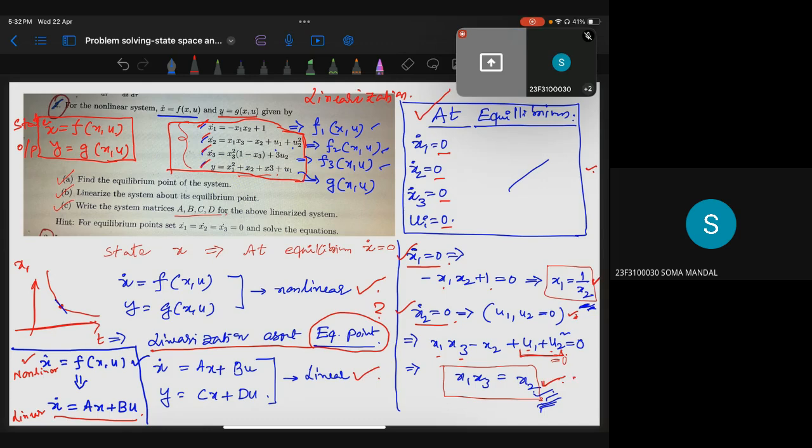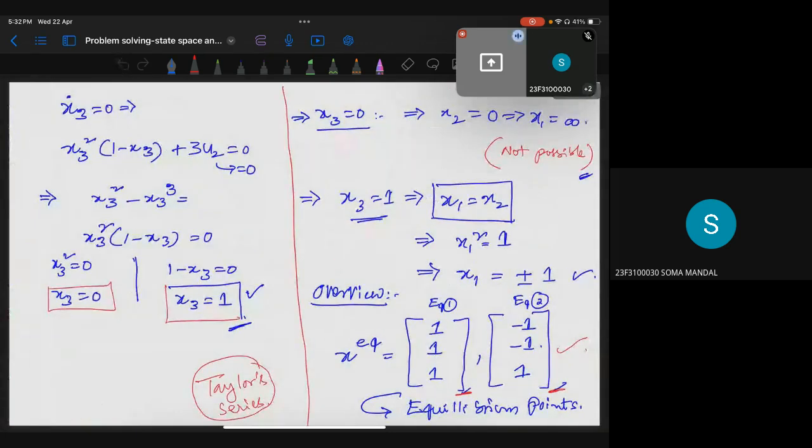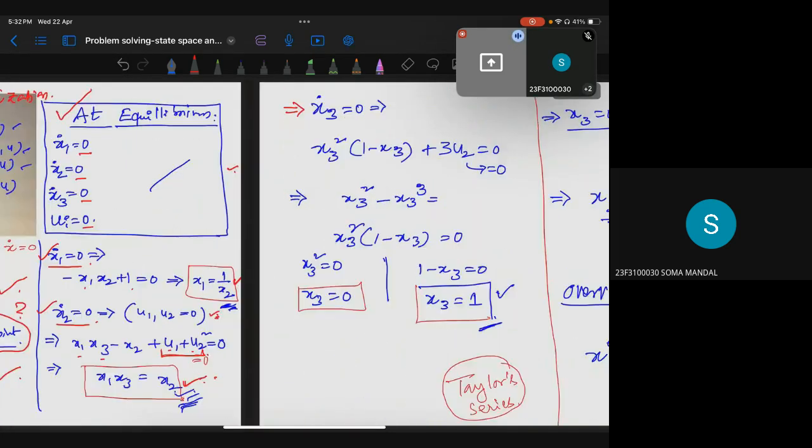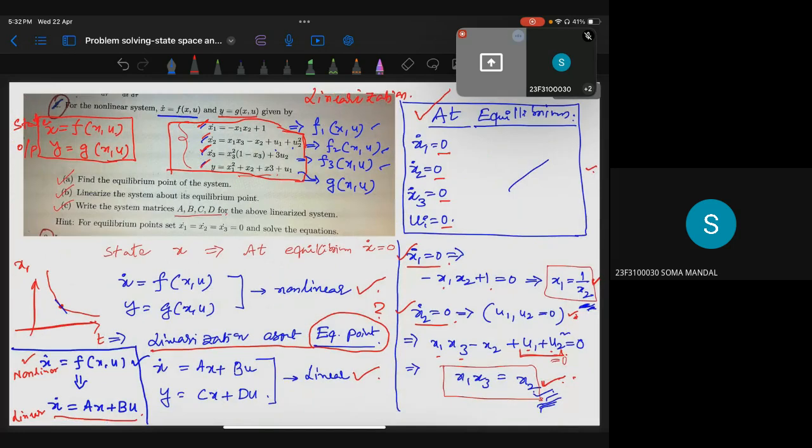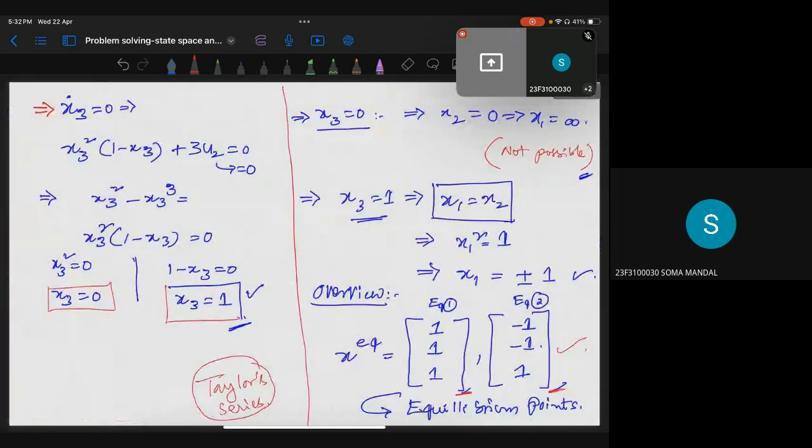Okay, then the third equation, x3 dot. So that equation is x3 square multiplied by 1 minus x3 plus 3u2. So equate it to 0.